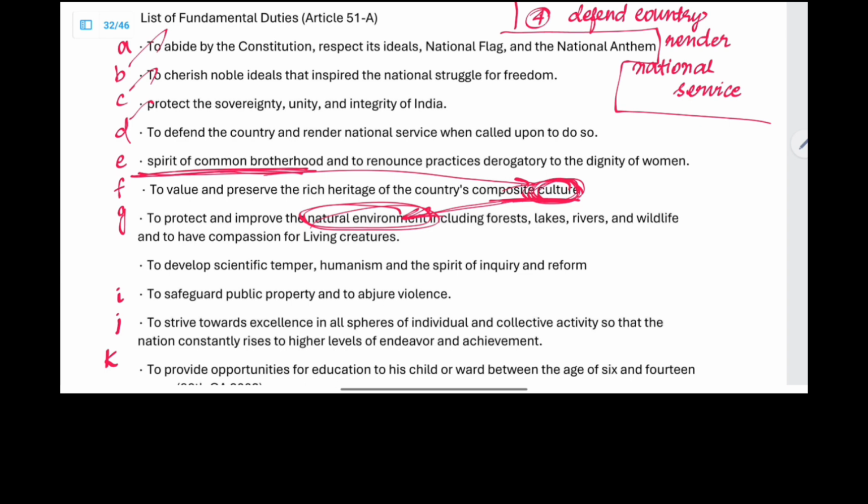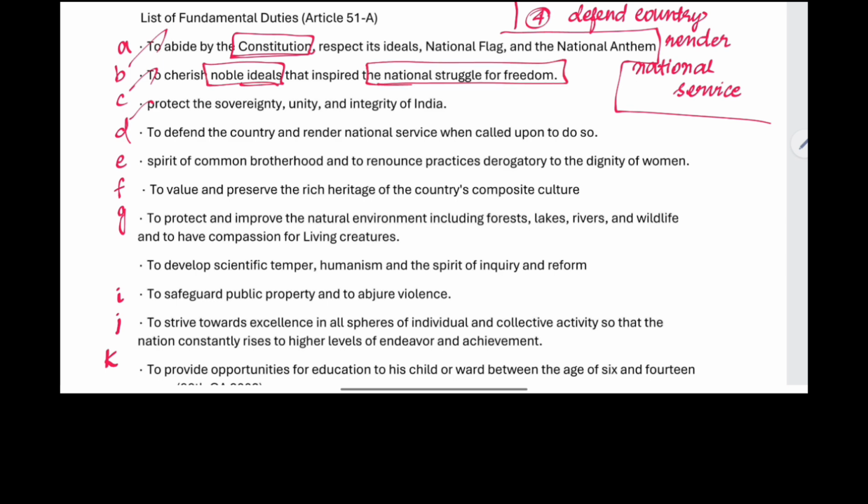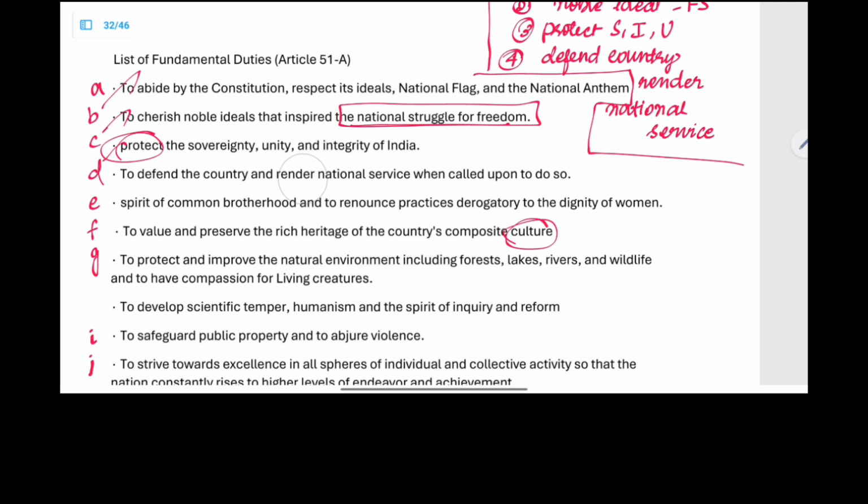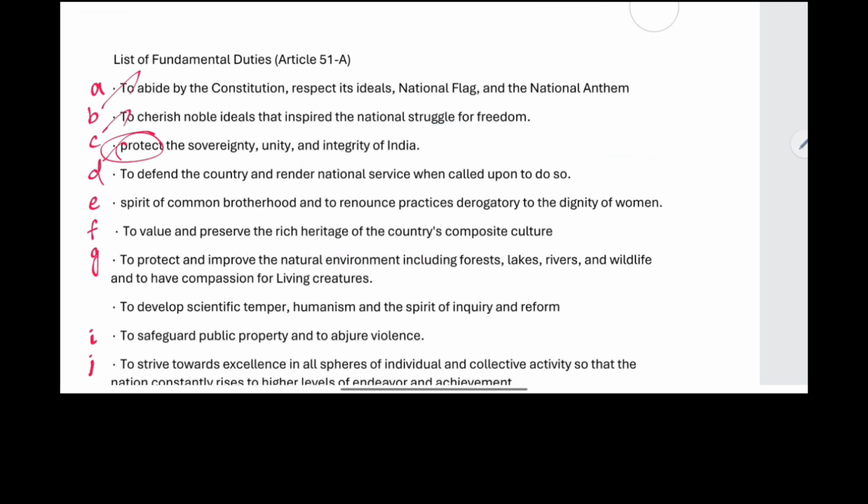So, we say it as Constitution, ideals of the national freedom struggle, sovereignty, unity, integrity, protect and defend the country, and common culture, natural environment. What is the common spirit? The spirit of common brotherhood. And women are also being spoken of over here, right? We have a spirit, the spirit of the common brotherhood.